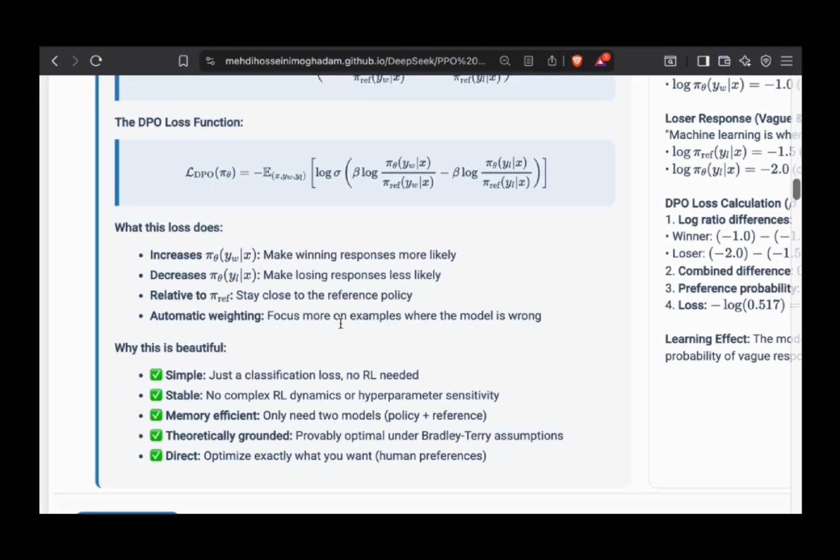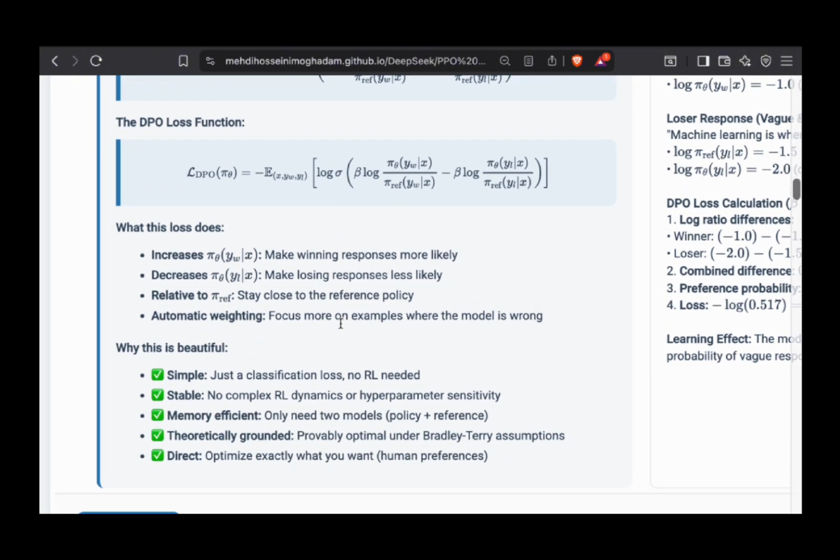What this loss does is increase pi theta. Increasing pi theta makes the winning response more likely, technically what we saw in PPO. On the other hand, decreasing pi theta means making losing responses less likely. So that's exactly what we want.